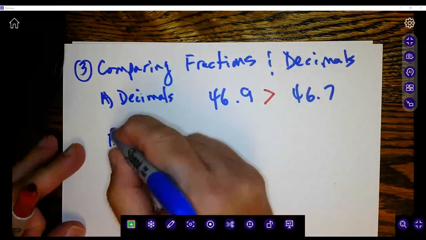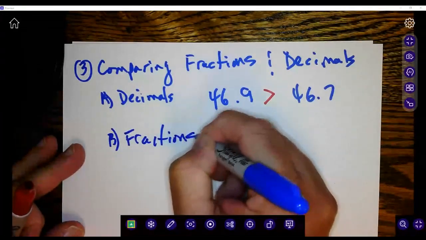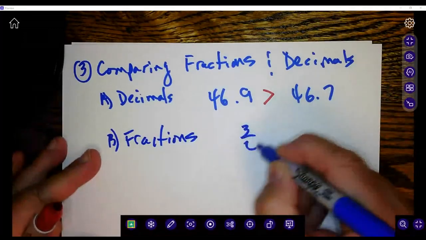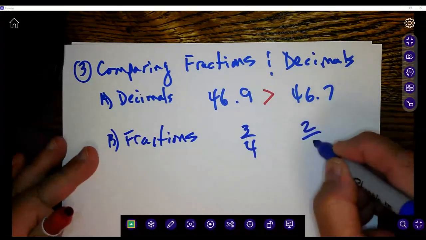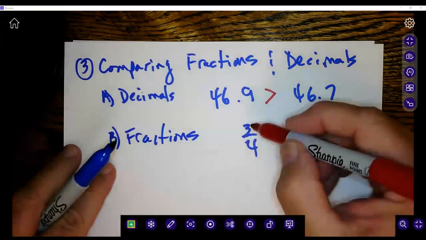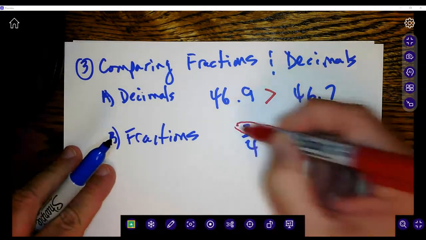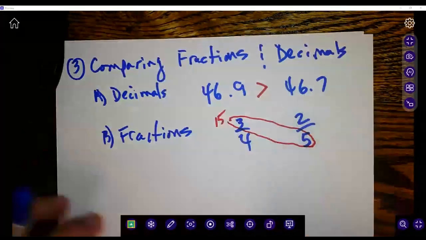When we were doing fractions, if I have 3/4 and 2/5, and I want to know which one is larger, we did the butterfly method where we take these two numbers and multiply them together and get 15.